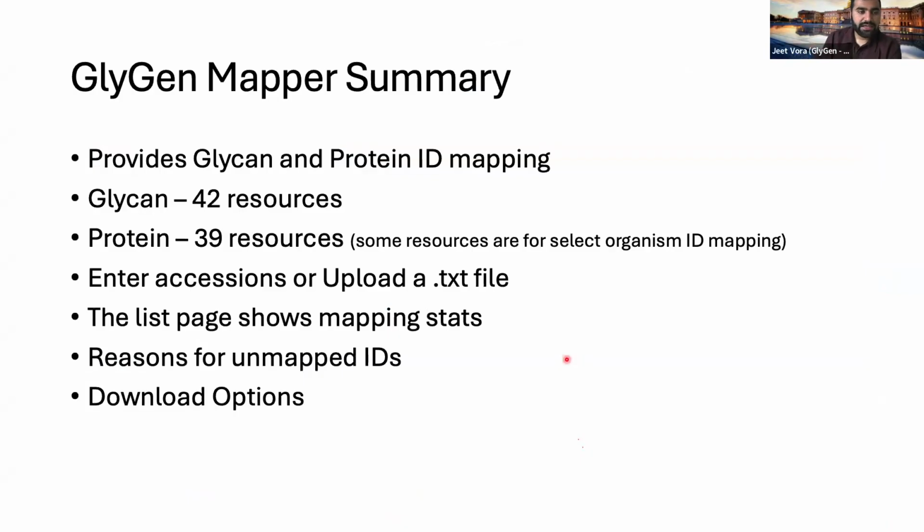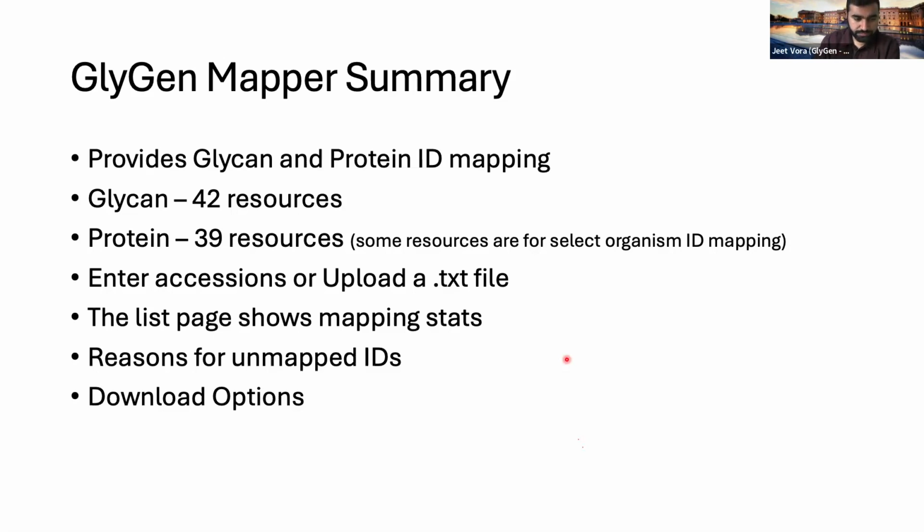And with this, we have shown you the GlyGen Mapper, and this is the summary. It provides glycan and protein ID mapping. We have 42 resources that can be cross-linked or ID mapped for glycan, and 39 resources for protein. And for protein, some are very organism specific. It could be HGNC for human, MGI for mouse, RGD for rat, and so on and so forth.